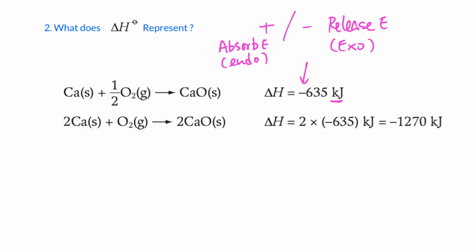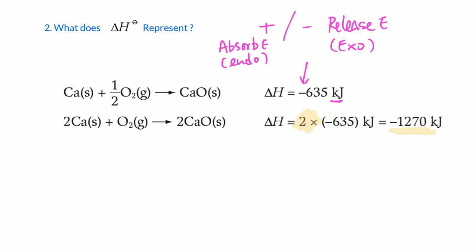But if you go for 2 calcium and 1 O2 giving 2 calcium oxide, you just have this equation run 2 times. So negative 635, you multiply by 2. In the process, you release double the energy. It will make up to negative 1270 kilojoule.